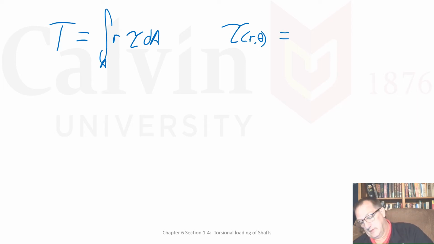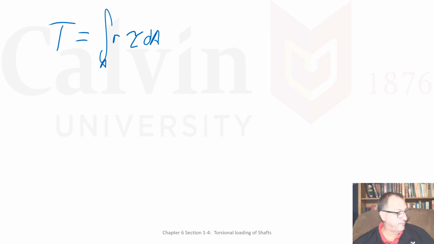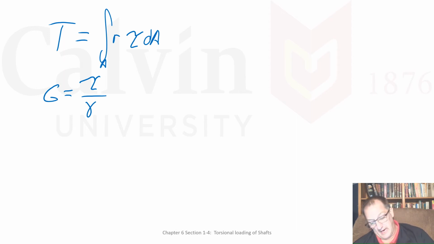But I'm going to erase this and go back to a basic definition that we have from chapter 4, and that is that G, the shear modulus, is equal to the shear stress divided by the shear strain. And so if I have G, which is a constant, and I know gamma as a function of R and theta, then I know the shear as a function of theta.